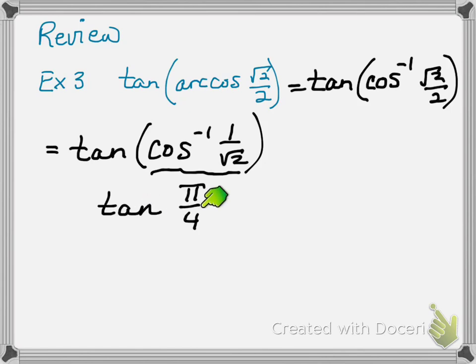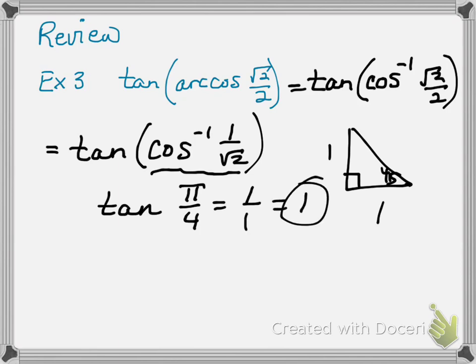So what's the tangent of pi over 4? That's the same thing as saying what's the tangent of 45 degrees. So the tangent of 45 degrees would be opposite over adjacent, which is 1 over 1, just 1. So there's the answer to my review problem.